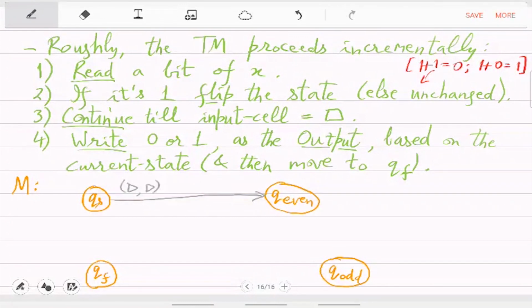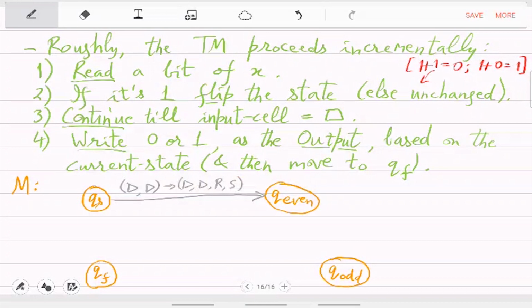You are on the start configuration, and from there you will not change the cells, each of them will remain start symbols, but on the input you will move right. Don't move on the work tape. So the only information here is actually R, this right movement on the input tape.